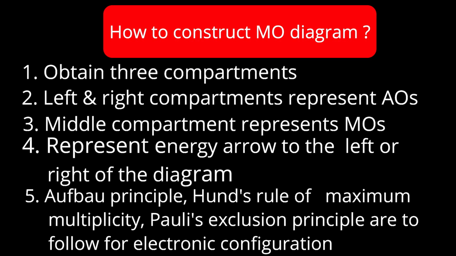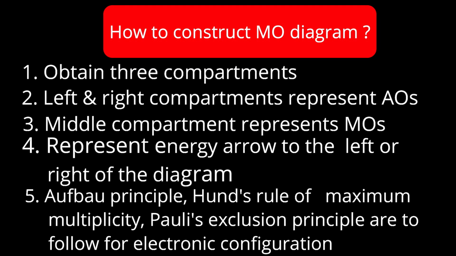Orbitals from those two atoms interact in different ways following the LCAO principle to produce various molecular orbitals, and those molecular orbitals we represent in the central, middle compartment, in increasing order of energy. To represent the increasing order of energy, we show an energy arrow to the left side or to the right side of the molecular orbital diagram.